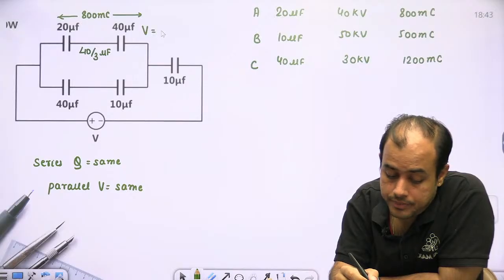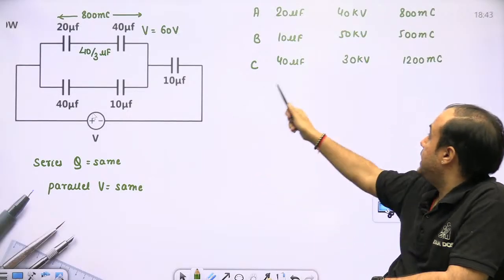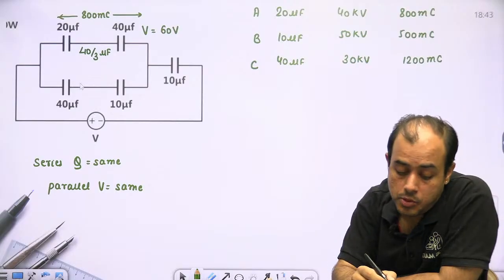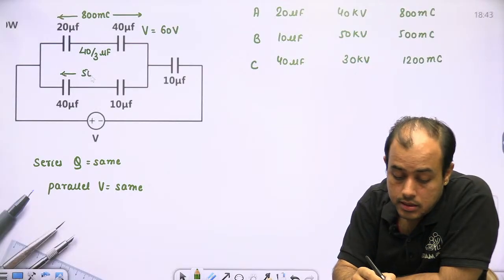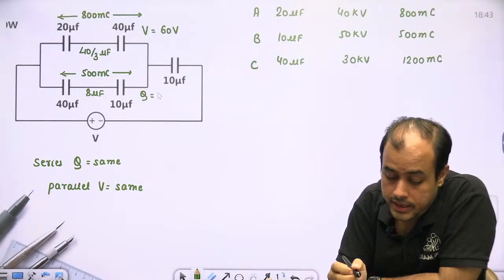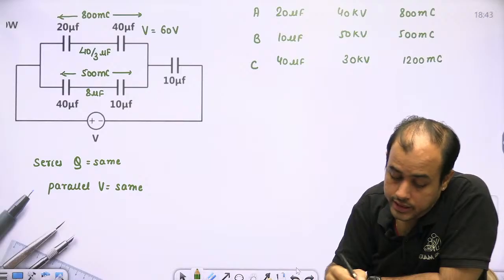Q by C, 60 volt. Now 40 and 10, which charge should I take? I should take the smaller. Now voltage will be 500 by 8.